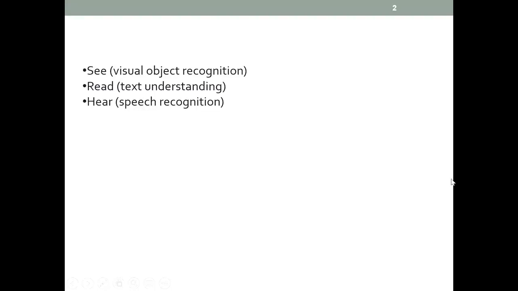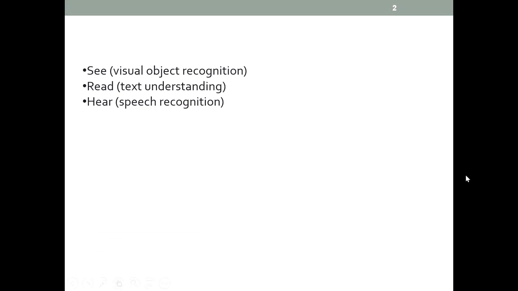So, as we all know, deep learning has achieved significant success in recent years. To some degree, it already has the ability to see, which corresponds to tasks like visual object recognition. It also has the ability to read and hear to some degree. That corresponds to tasks like text understanding and speech recognition.